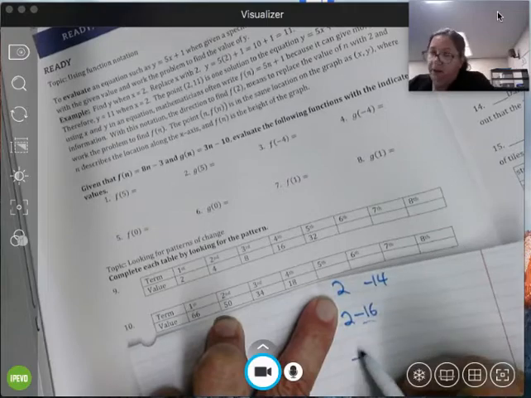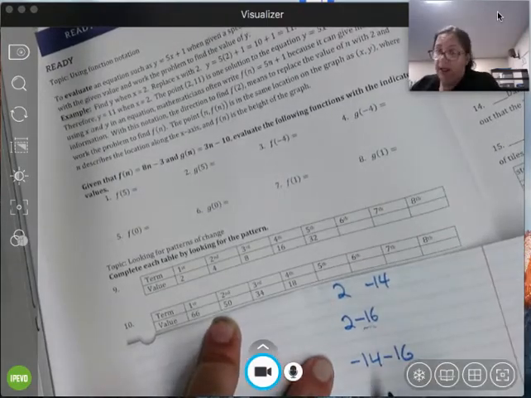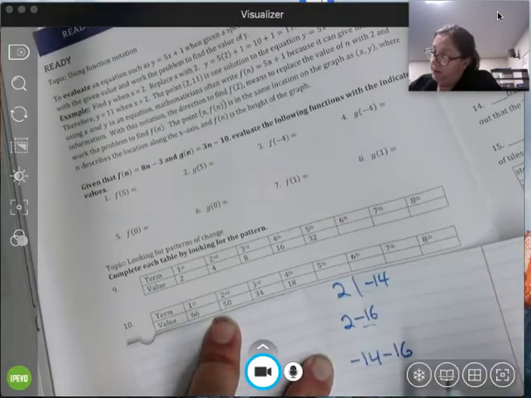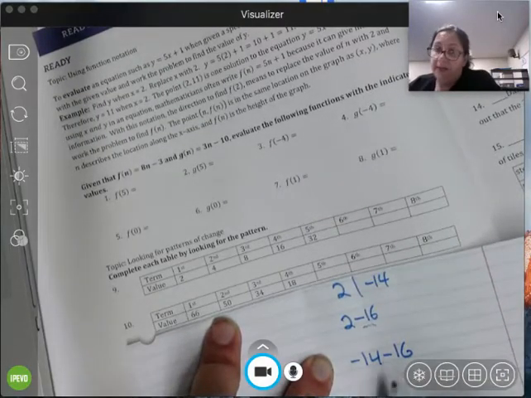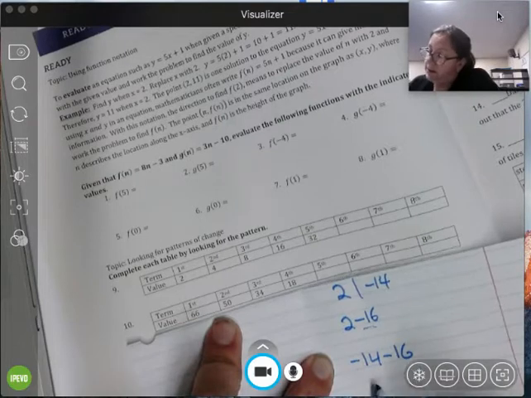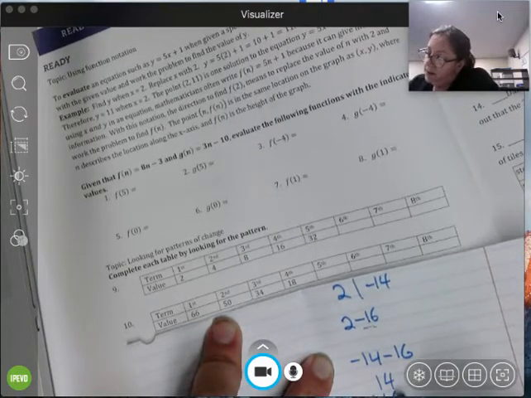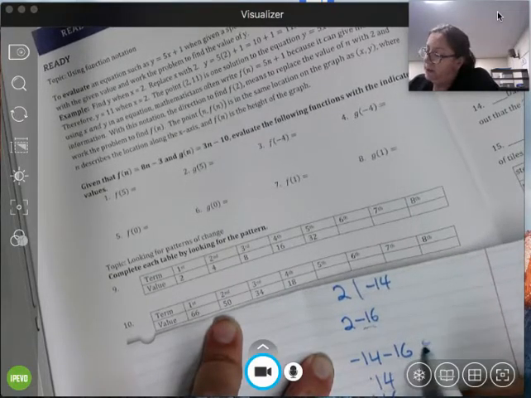Now we have negative 14 minus 16. These are the same sign. So when they're the same sign, remember, they stay the same sign. So they stay negative. Because it's like I lost $14, I lost $16. If I add those together, 14 plus 16, that's 10, carry your 1, 30. Okay, so that's minus 30.